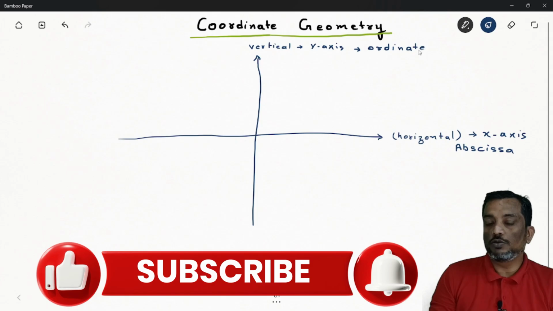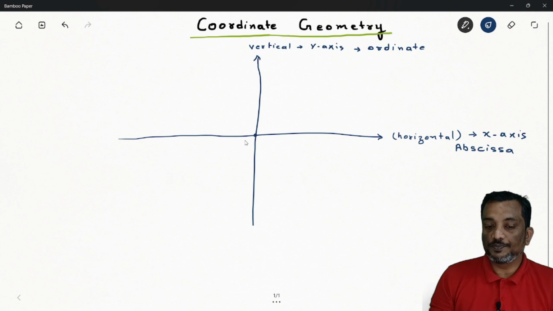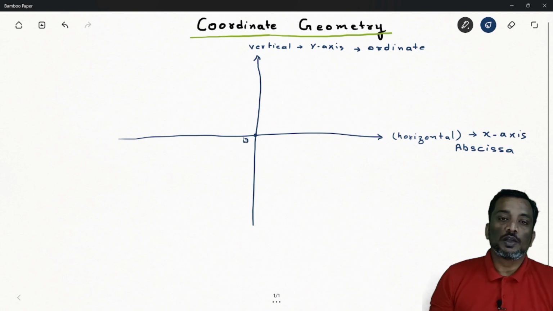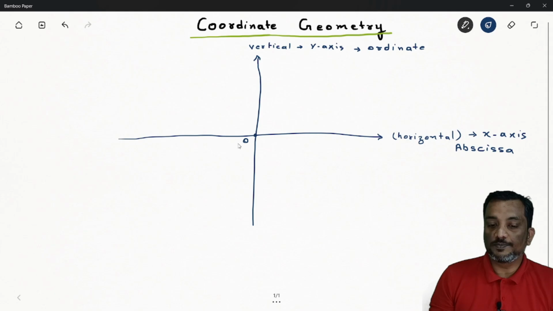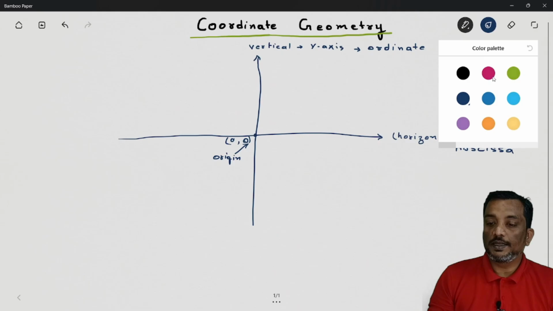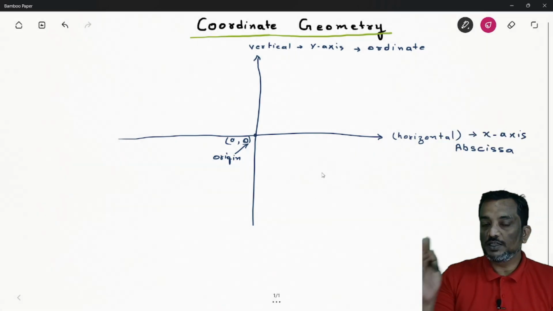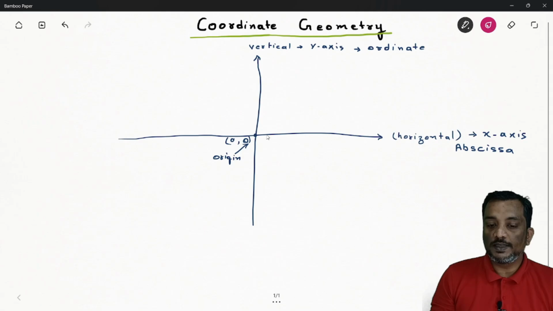Both axes meet at a point that is called the origin. I think you have learned these things in grade 9 also. Origin coordinates are (0, 0). Now in our graph, from the origin to the right side, all the points of the x-axis are positive: 1, 2, 3, 4, 5, 6, 7.